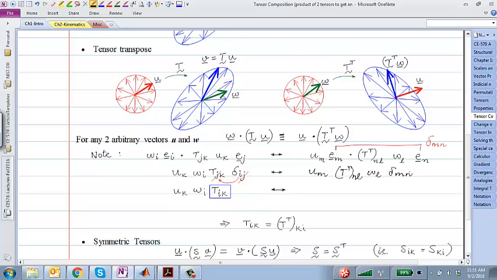I'll contract out, let's say, anything, but let's contract out n. So I'll replace n with m here. And what I get then is u_m T transpose_ml w_l, no e's or nothing, right?